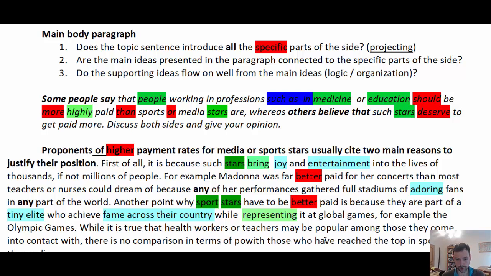In terms of popularity, with those who reach the top in sports or the media.